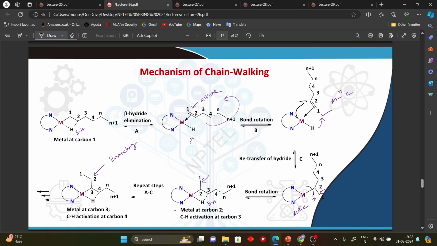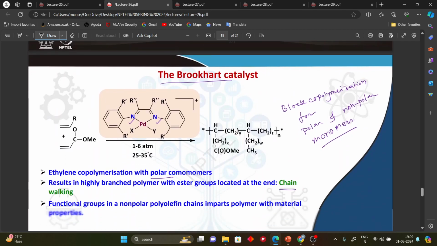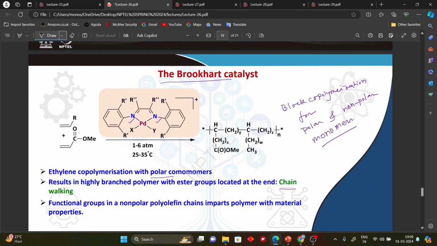Now again, bond rotation, beta hydride elimination happens, and here you are seeing already that a small branch is formed, and the repeating unit would be there, and you are going to see this kind of branching. So metal at carbon 3 stage activation happens, and this kind of thing continues, and that's why it is called chain walking, only branching, and this is the catalyst.